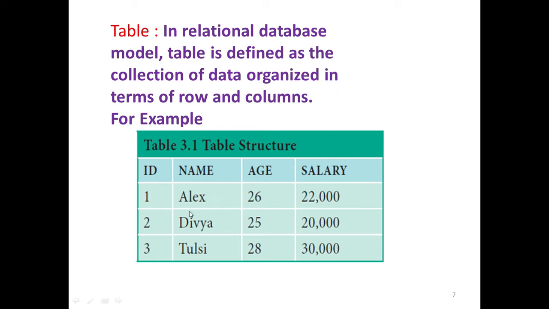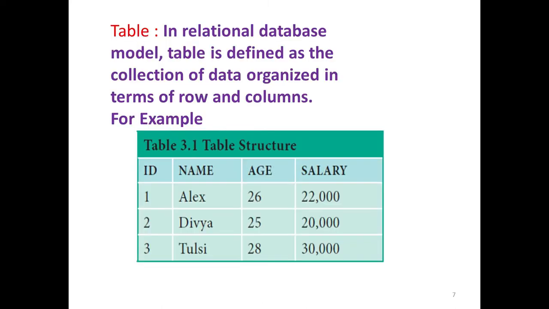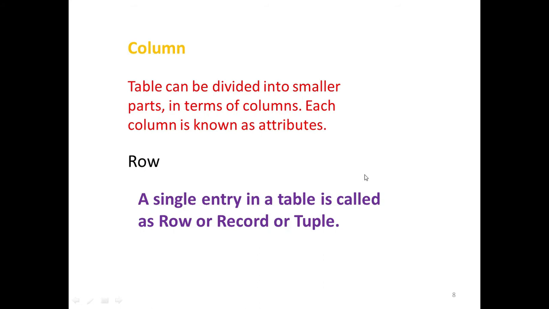Here in our example, the heading is one row, and 1, 2, 3 are the other rows. In this example table 3.1, 4 rows can be given and then 4 columns can be given. The column names are ID, name, age and salary. Okay. Then what is column? In the previous example you see ID, name, age, salary are columns.